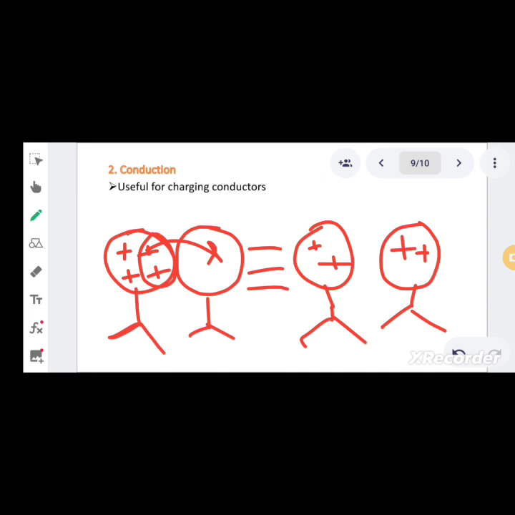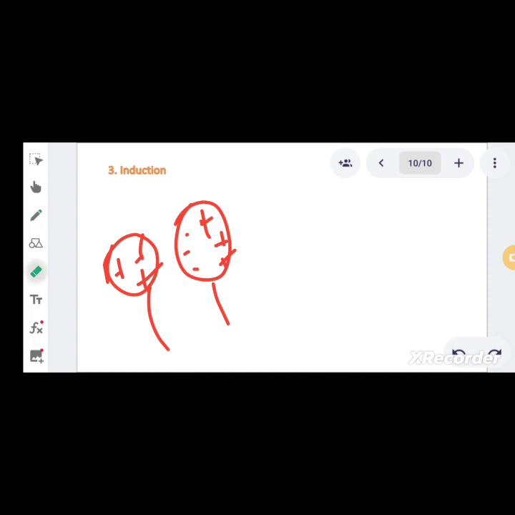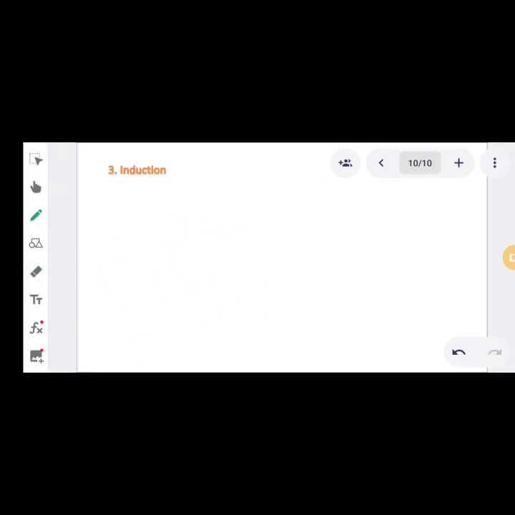Then we have induction. In the induction method, we charge an object by bringing a positively charged body or a negatively charged body near a system of two neutral bodies. In this system, the number of positive and negative charges is equal.